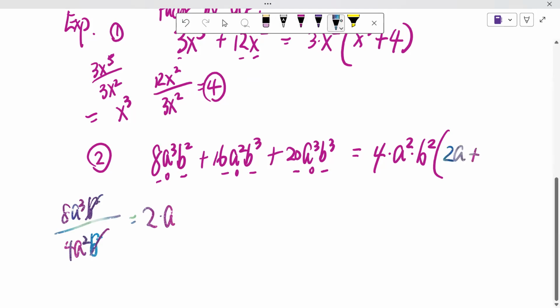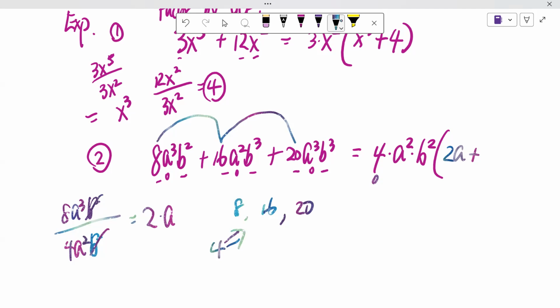Where are you getting the 4 from? This 4, right? You look at 16 and 20, for all three numbers, and 4 goes into all of them. 4 is the largest common factor that goes into all three numbers.